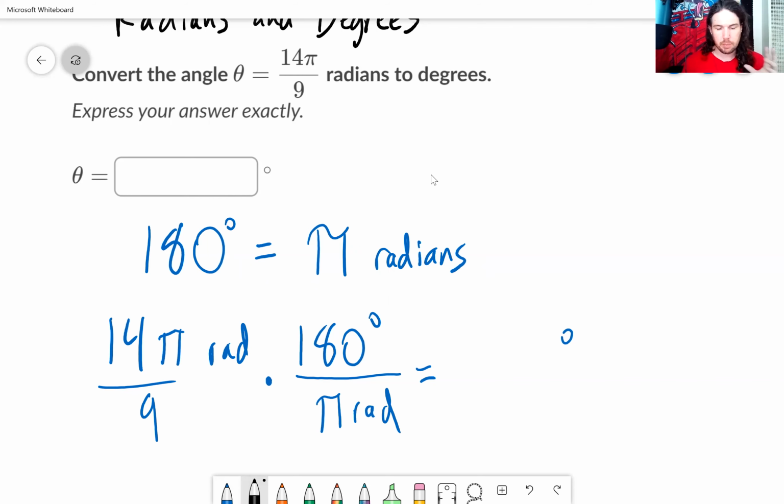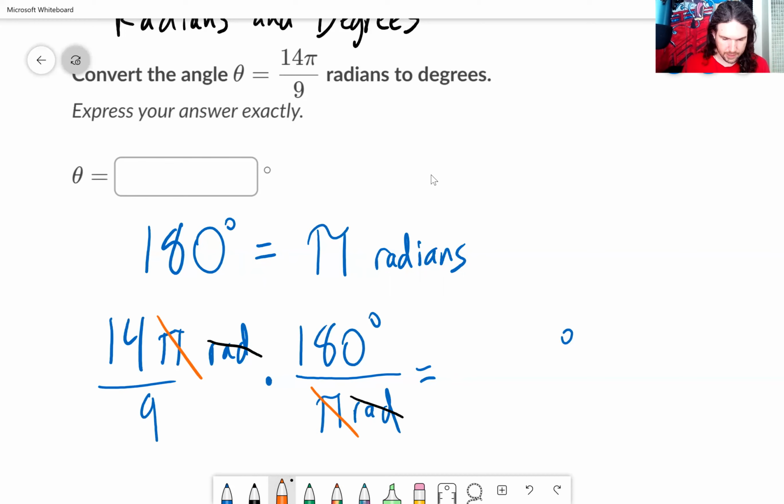The reason that we put 180 on the top and pi on the bottom is because you want to have radians on the top and radians on the bottom so that they cancel, right? Radians divided by radians is 1, so we can cancel it out. And hey, look, this pi on the top and this pi on the bottom also cancel, which is nice. That won't always happen, but it's nice when it does.